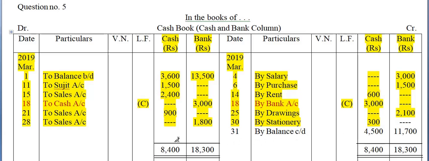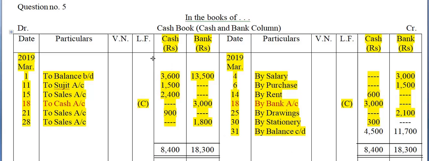And you must leave the space towards the debit side also, to write balance C/D, because we already know that cash can never be negative, but in double column cash book, bank can be negative also. So you must be careful about that. You will simply write on 31st by balance C/D, because cash will have a positive balance.